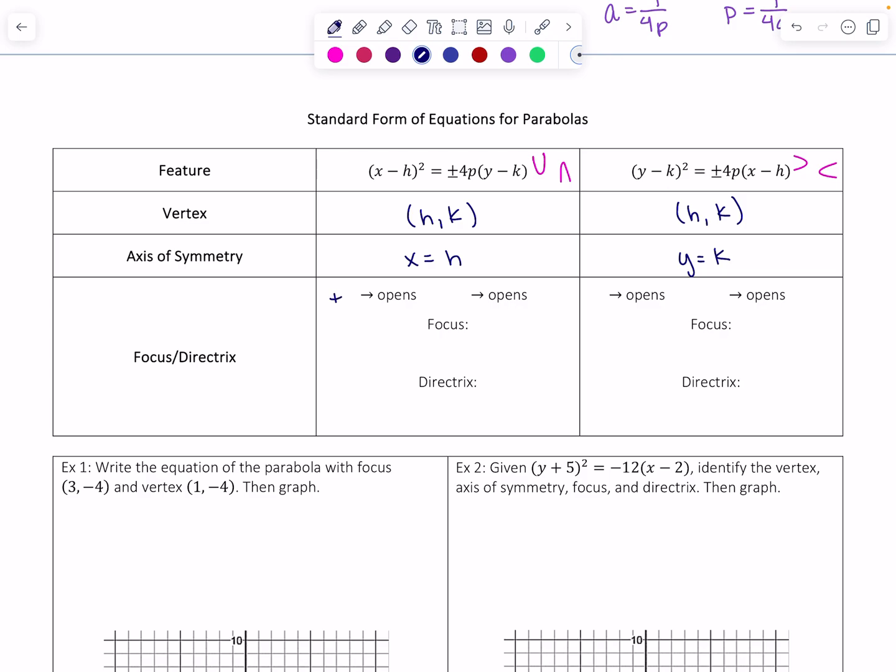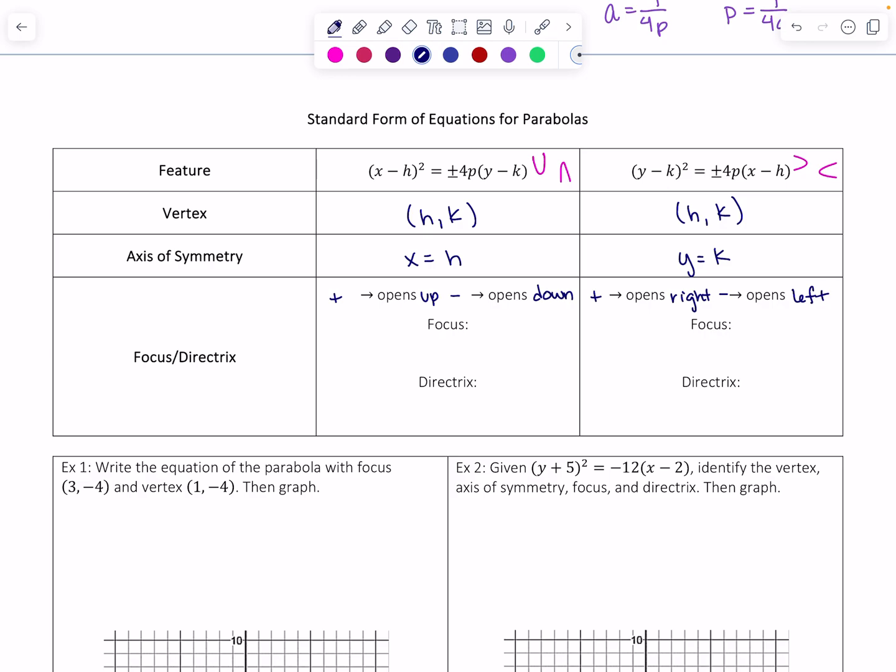If your p-value is positive, you're going to be opening up, but if your p-value is negative, you're going to be opening down when you're squaring your x. And if your p-value is positive, you're going to be opening right if you're squaring your y, and if it's negative, you're going to be opening left. So the direction of your parabola is pretty straightforward.